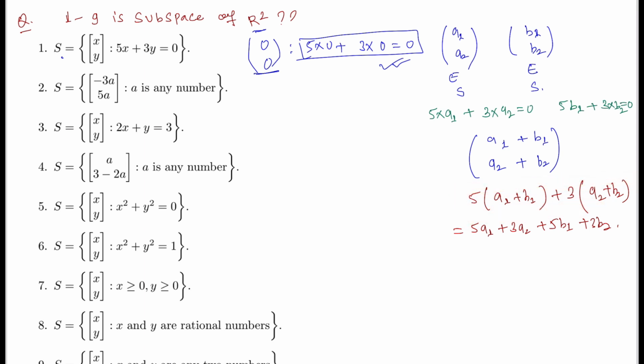If it is 0, then I can say that this vector belongs to this particular set. And if you look, 5 times a1 plus 3 times a2 is 0, right? So this is 0 plus again this is 0, that will give you 0, right?